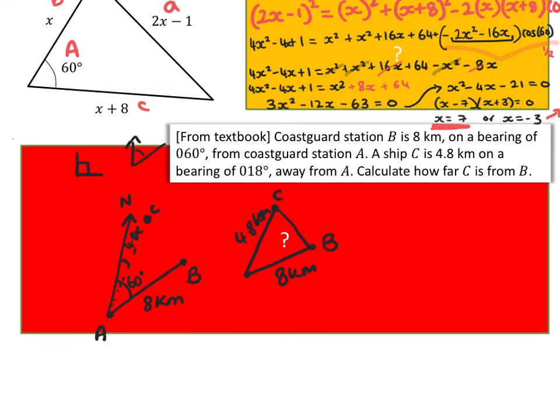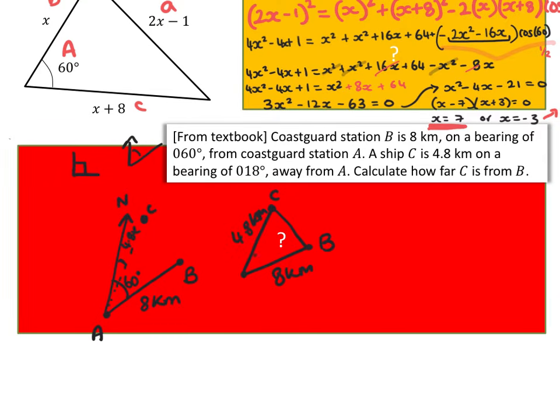This is 60 minus 18, which is going to be 42. So this is 42 degrees. So now you've done this, you're able to find the rest of the question nice and easy because we just want to find here, how far is C from B?